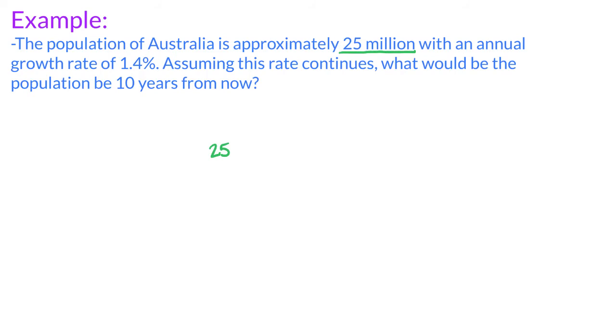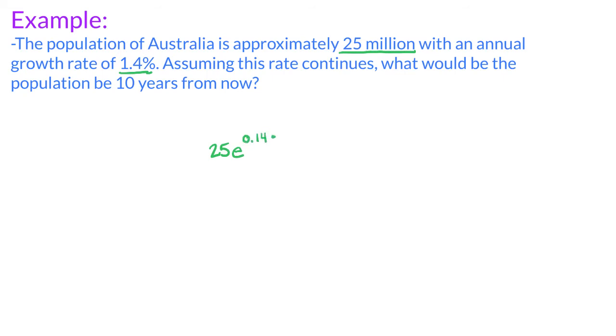Now remember, we're going to use the value E, okay, that 2.7182. Now we're going to raise that to our power, our growth rate here of 1.4%, but we're going to turn that into a decimal, so that's going to be 0.14.